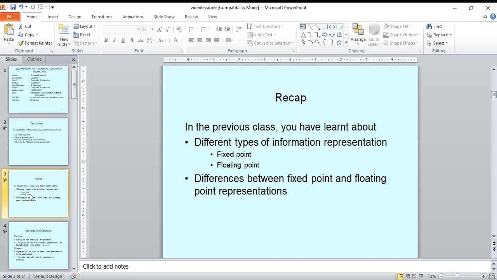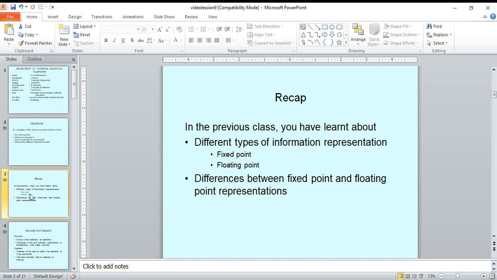In the binary fixed point representation, the information can be represented by combinations of ones and zeros. In that representation, if the number is positive, then there is no problem.